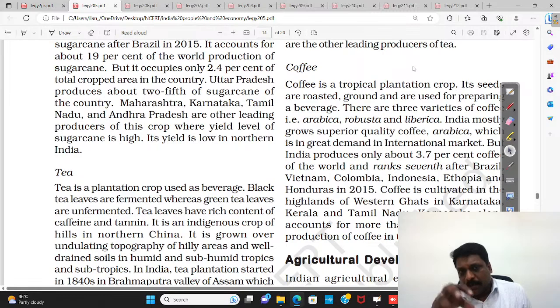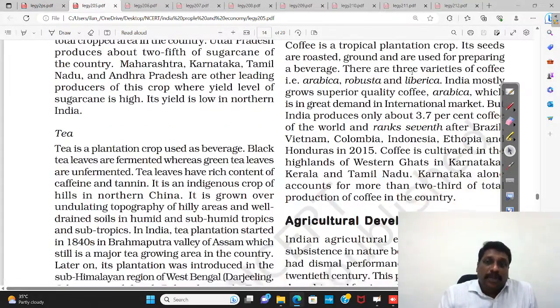But what is the beauty here? Tea and coffee, geographical condition, there is not much difference. Tea needs hot and humid climatic conditions. Coffee also needs hot and humid climatic conditions. Now you may wonder, you're saying hot and humid, but most of the tea and coffee are in the colder regions.